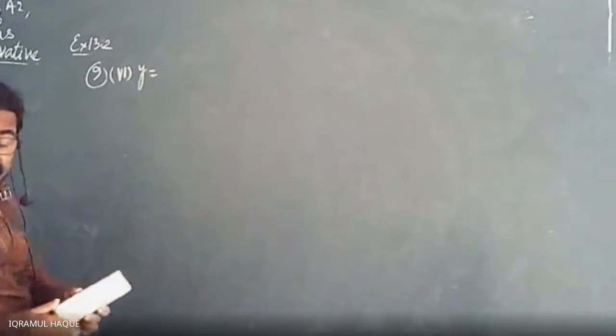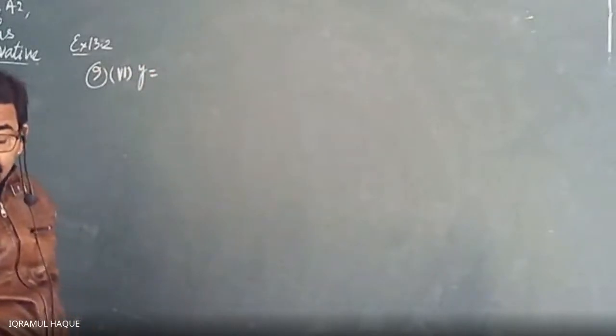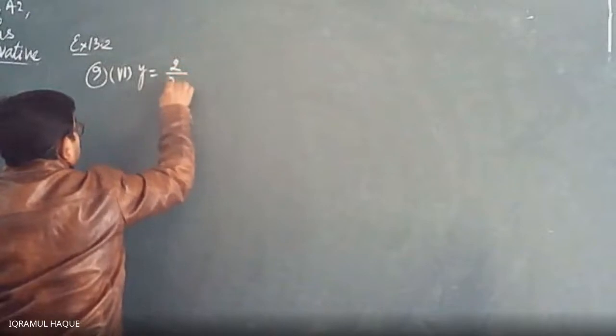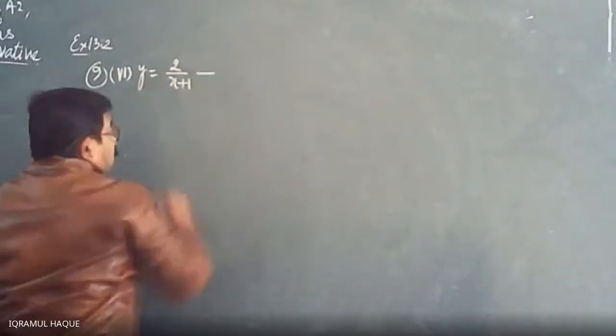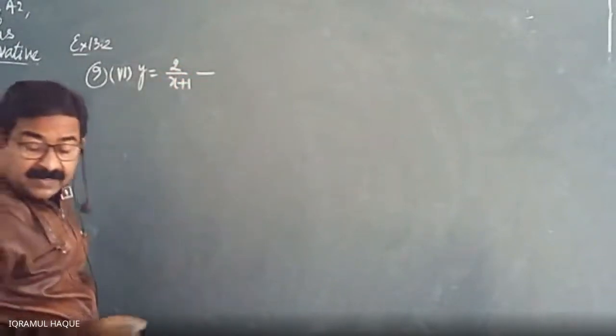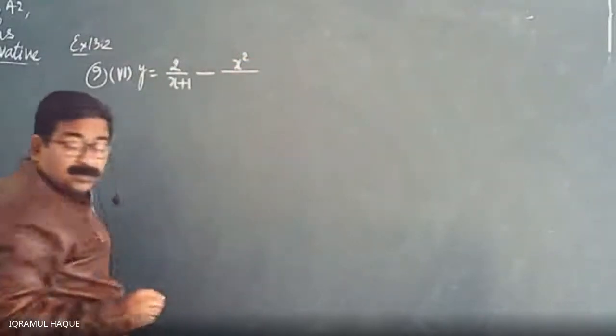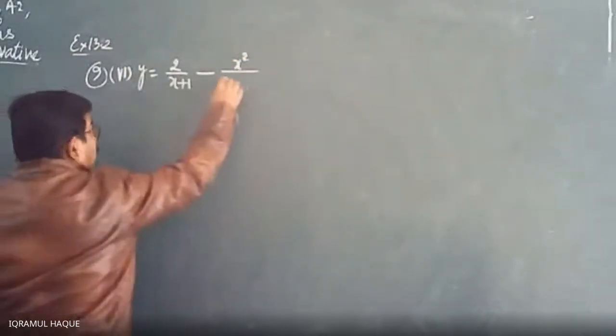y is equal to 2 upon x plus 1 minus x square upon 3x minus 1.